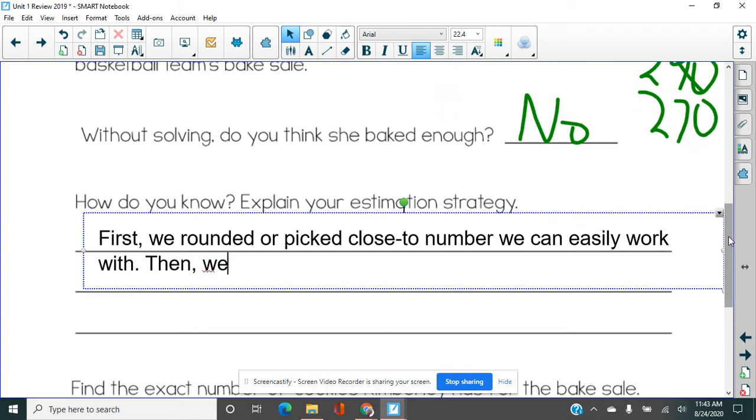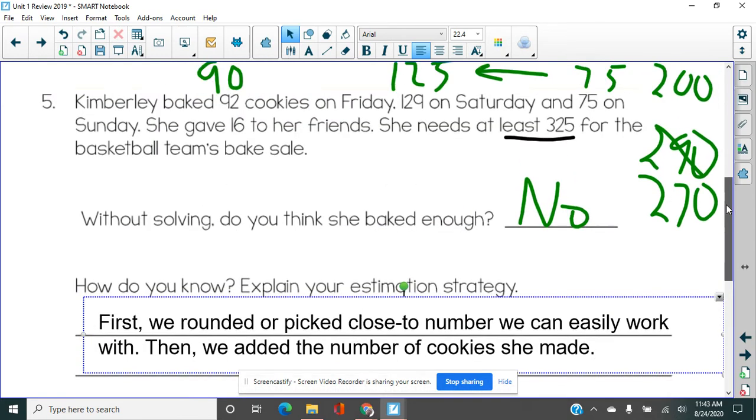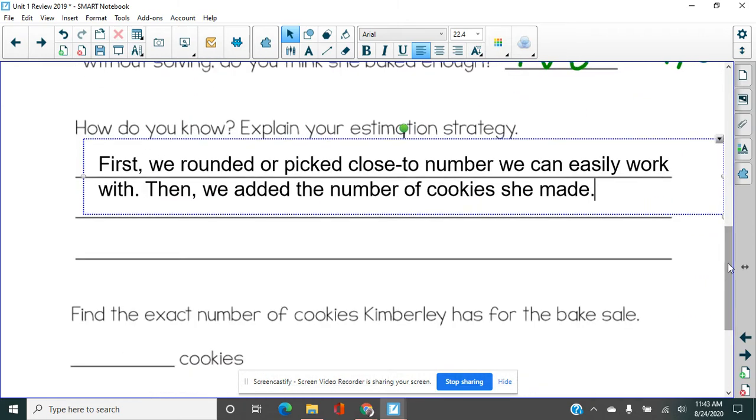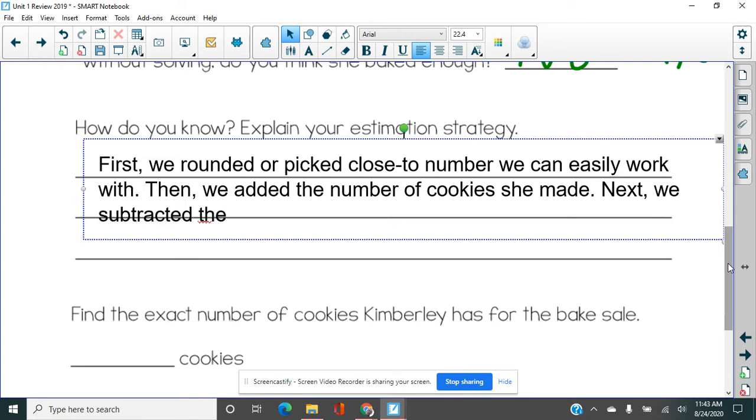Then we added the number of cookies she made. Hey, what did we do next? What did we do with these 16 that she gave to her friends? Next, we subtracted the ones she gave to her friends.